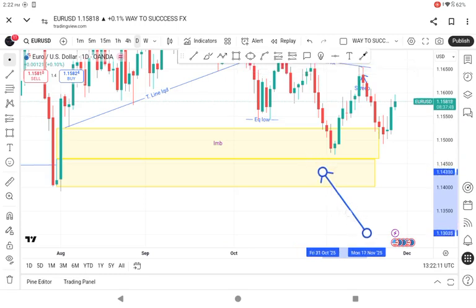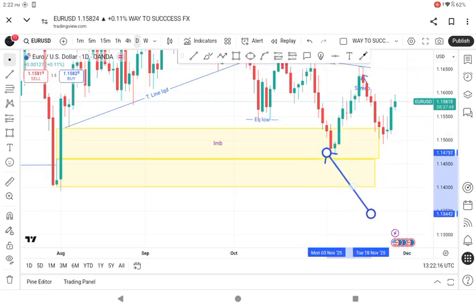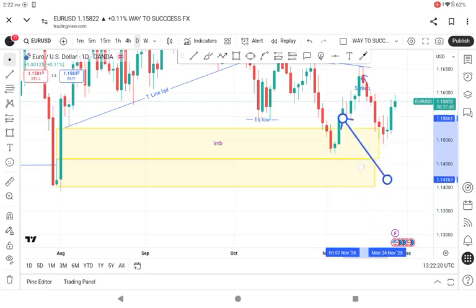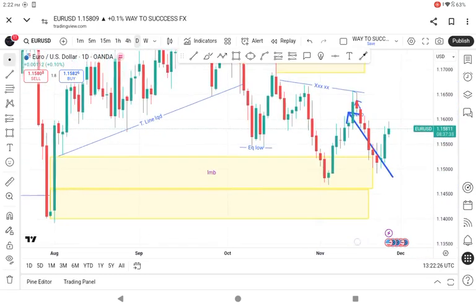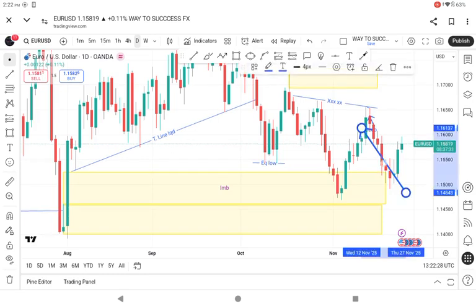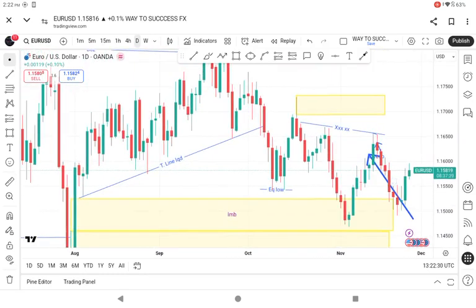Price didn't tap in the POI, but price just started reacting inside this imbalance, started printing bullish candle to the upside, and finally price hit a level at the upside. You can call this a kind of resistance level, and started coming to the downside.